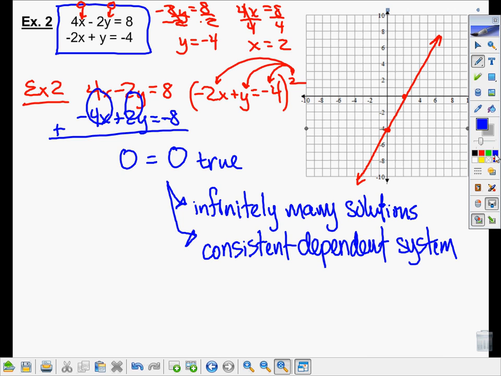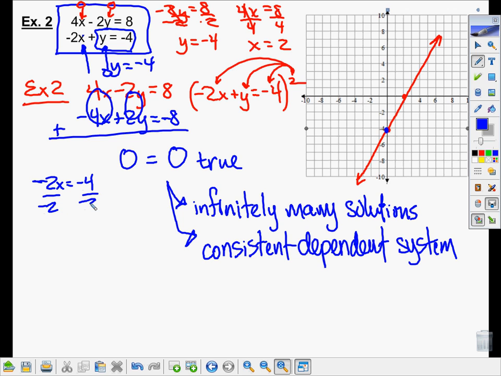So if we go to x equals 2, there is our graph of the first equation. And if we now were to do that for the other equation, if we put a 0 in for x, we would get the equation y equals negative 4, which is this point. And if we put the 0 in for y, we will get the equation of negative 2x equals negative 4.